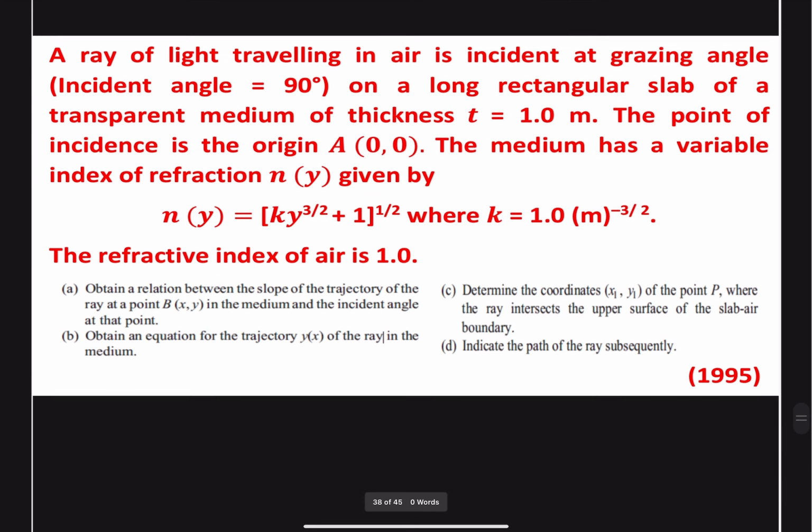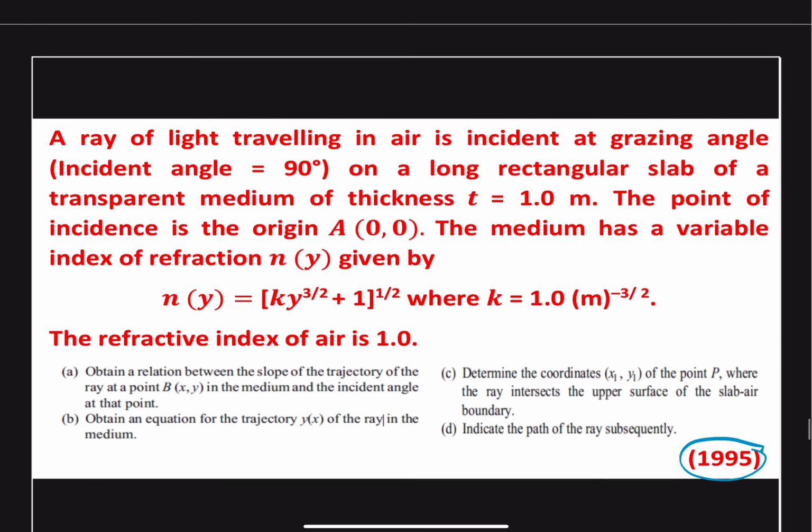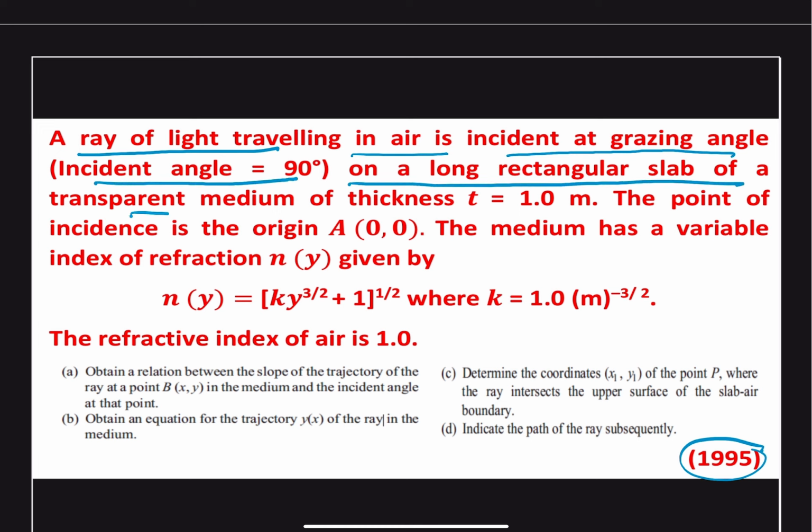So we come to the next question, and it was asked in the year 1995. It states that a ray of light traveling in the air is incident at a grazing angle, incident angle that is 90, on a long rectangular slab of transparent medium of thickness t equal to 1 meter.